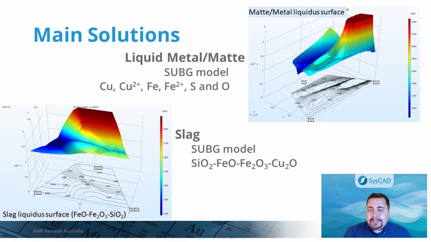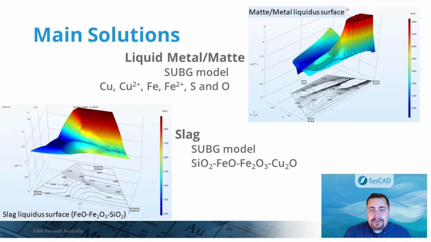This system is modeled using a single solution model that is valid for the entire range of composition for the copper-iron-sulfur-oxygen system. This figure shows a section of the liquid projection for the matte-blister case, copper-iron-sulfur, where the steep miscibility gap at the copper-sulfur binary side is clear, even at a high iron concentration.